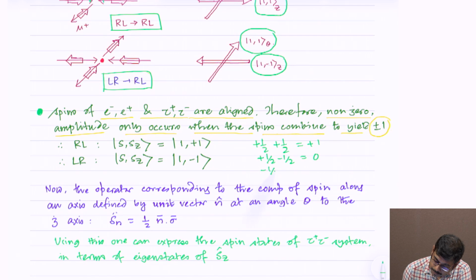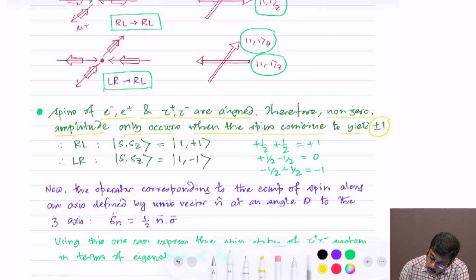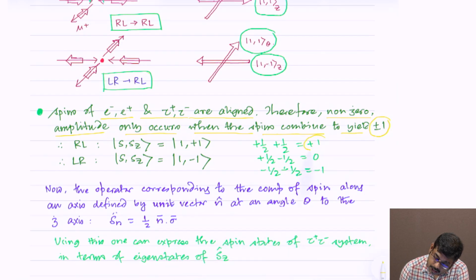Once again you can have minus half and minus half, which gives you minus 1. It turns out that the only configurations which are going to give you non-zero contributions to the amplitude are when these are plus 1 or minus 1.